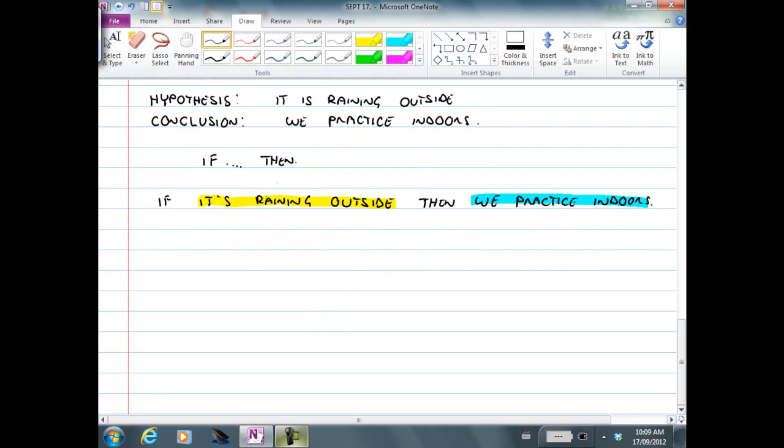This is where it gets a bit confusing. This is called a truth table. I'm going to represent this as P and this as Q. I can rewrite this as: if P, then Q. If it's raining outside, we're going to practice indoors.